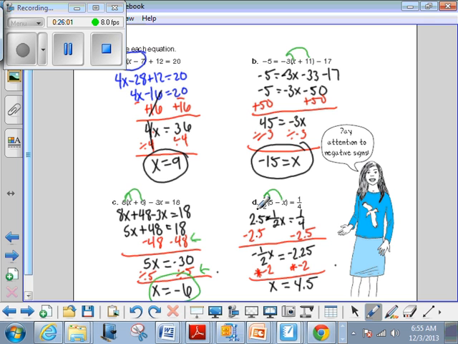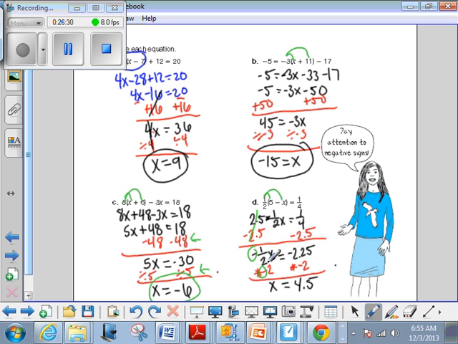To do the opposite of division, you have to multiply. So the opposite of dividing by 2 is to multiply by 2, and since this was a negative, I multiplied by -2. And in both cases, a negative times a negative is a positive, and that's how I ended with x equals 4.5.